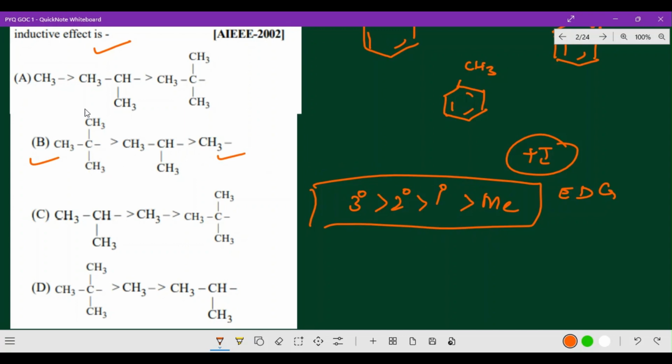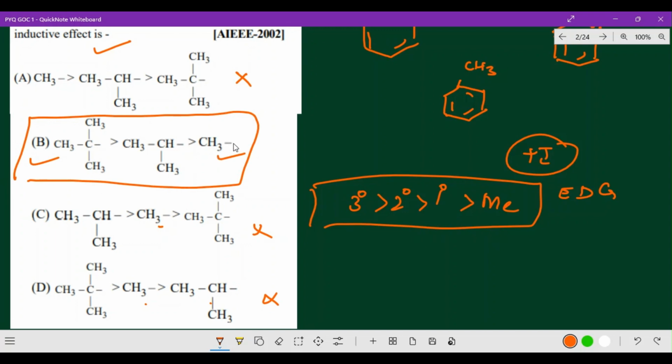But the first one, methyl, secondary, tertiary, is not the correct option. In the same way, secondary, methyl and tertiary is also not the correct answer. Here tertiary is given, but then methyl and secondary. So which is the correct option? Option B is the correct option. Hope you got the clear idea. This is the main thing for this question.